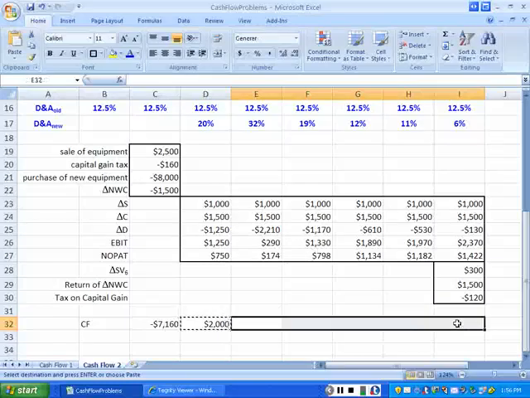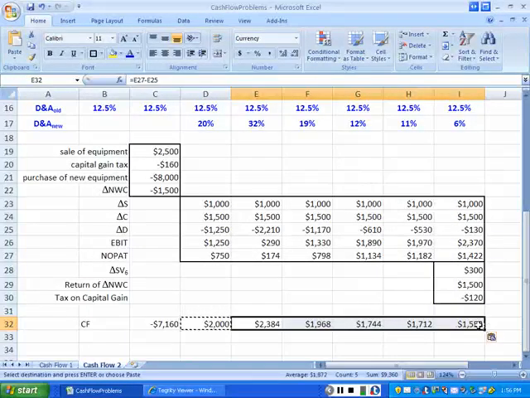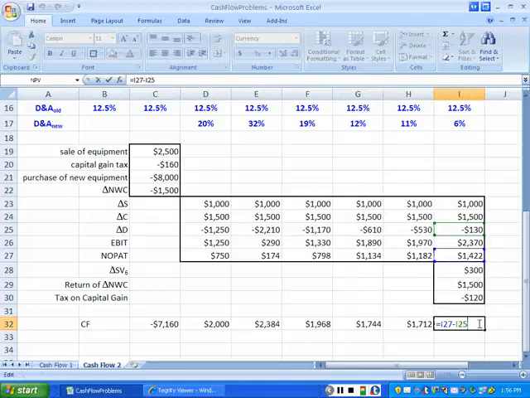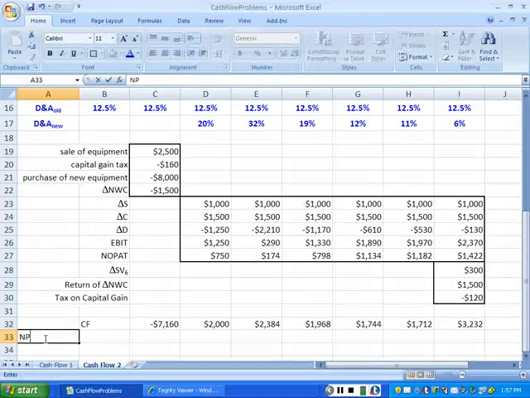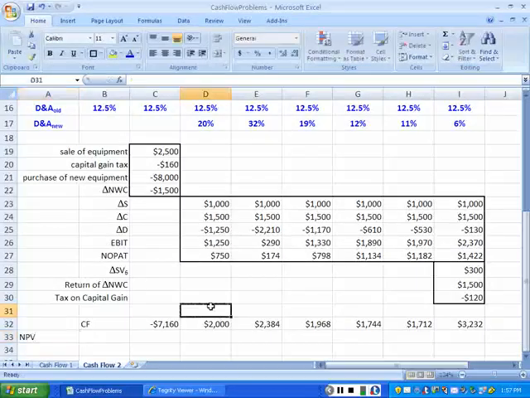Now we can copy that through to each of these, and these would be the operational figures. But in the last period, in addition to that, we have the $300 salvage value, we have the $1,500 return of net working capital, and we have the tax bill on the additional gain of $3,232 is the total. And then when we want to evaluate this is to find the NPV.